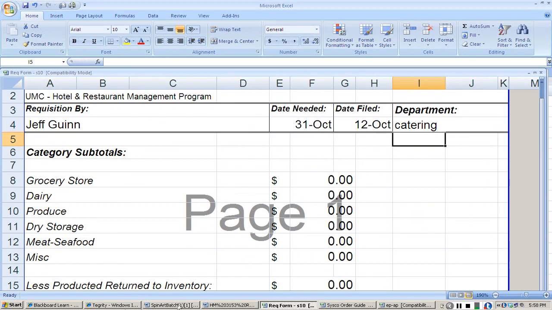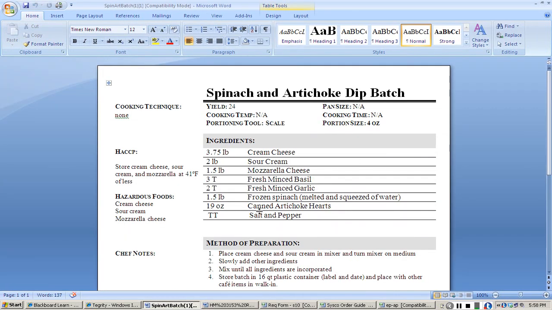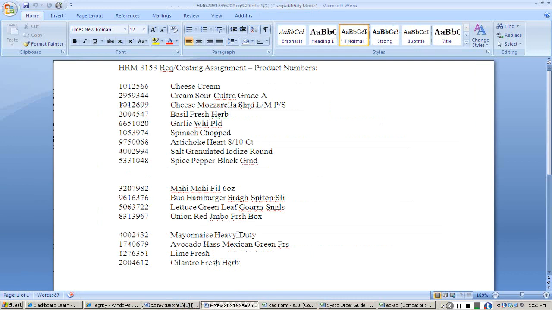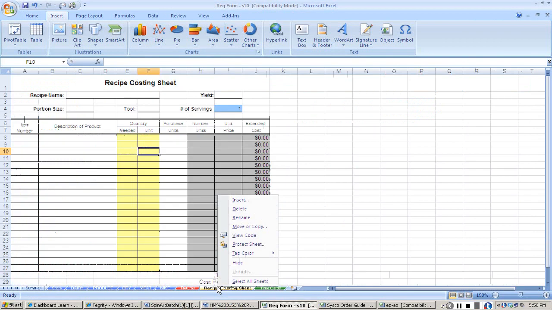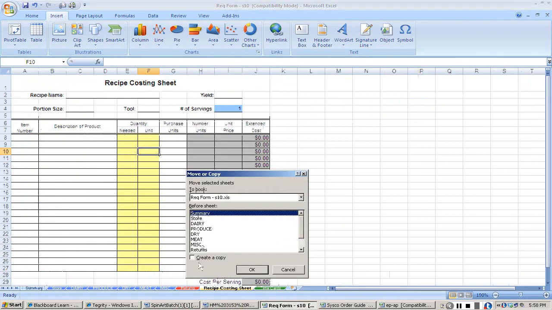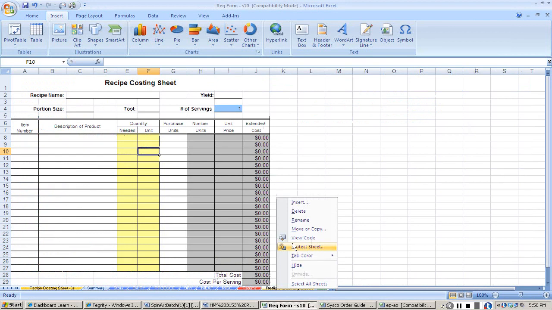Alright, so we have our information sheet. I'm going to start with the spinach and artichoke dip. So I go into my rec form, recipe costing sheet, and create a copy. And I'm going to create one more.